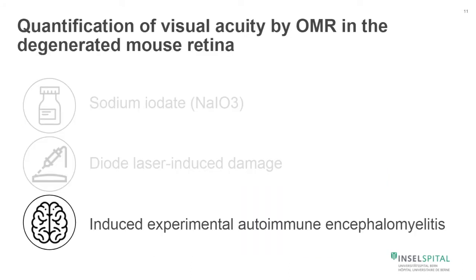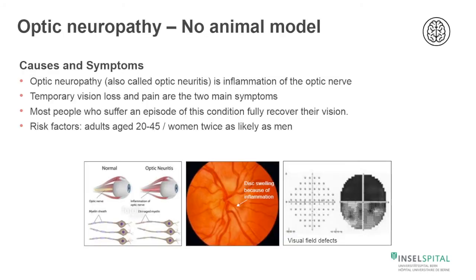In the last part of my talk, I would like to give you some information about a model of multiple sclerosis, which we are going to use also for optic neuropathy, because for the disease optic neuropathy, there is no animal model available.